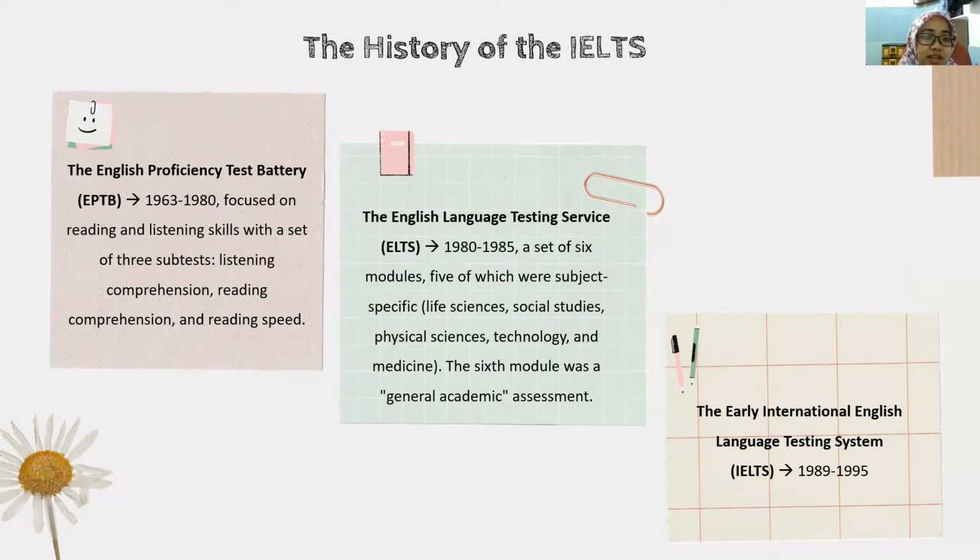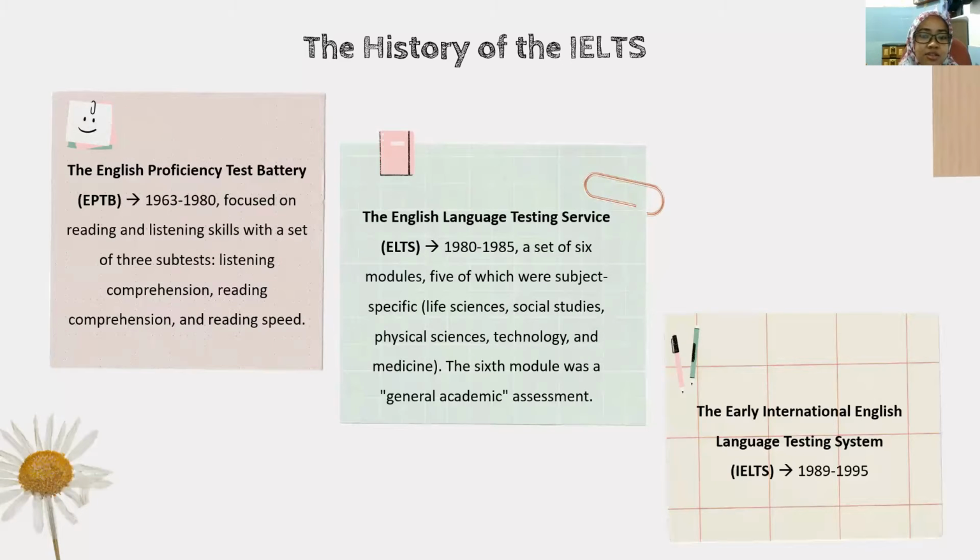During the 1970s, researchers made efforts to promote more practical and relevant elements in the test, which resulted in a product, namely the English Language Testing Service, or ELTS. It consisted of a set of 6 modules, 5 of which were subject-specific, namely life sciences, social studies, physical sciences, technology, and medicine.